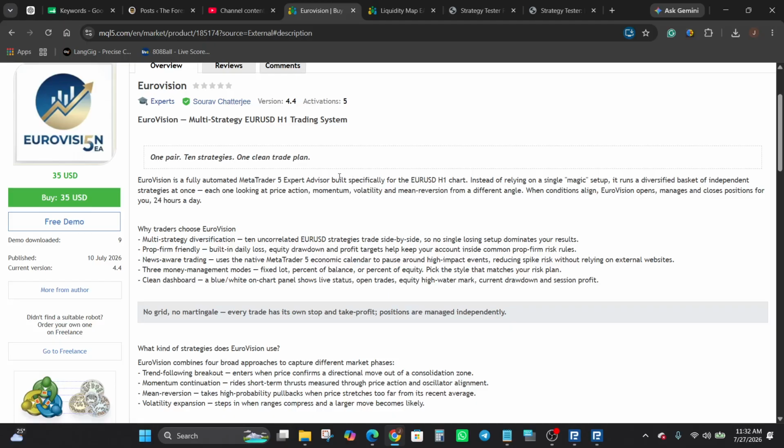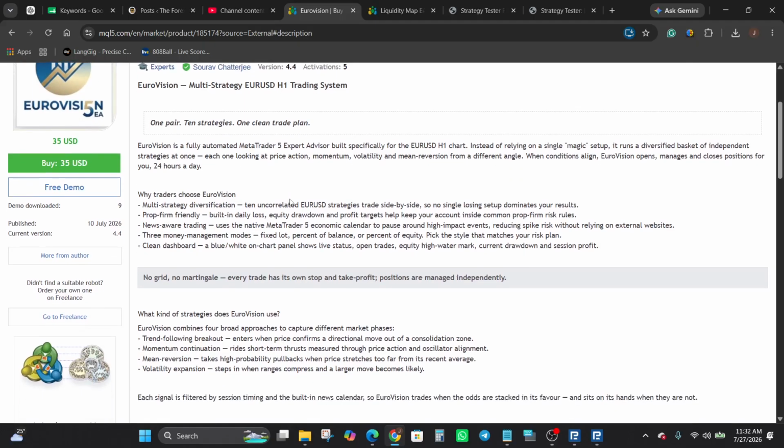The page highlights a few specific selling points: multi-strategy diversification, so no single losing setup dominates results; built-in daily loss, drawdown, and profit target guards aimed at prop firm rule compliance; and a news filter that uses the native MT5 economic calendar to pause around high impact events.